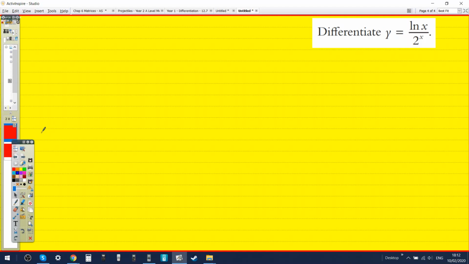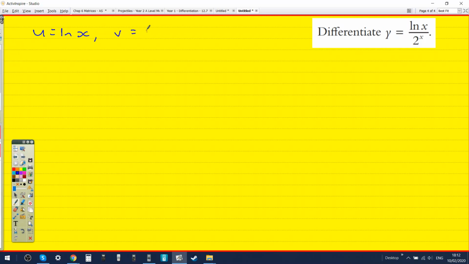U over v. So then u equals ln x and v equals 2 to the x. So then u dash equals 1 over x, and v dash equals 2x, right?